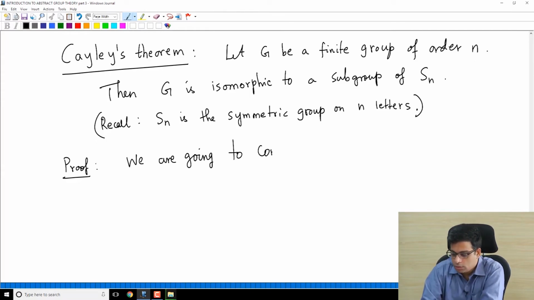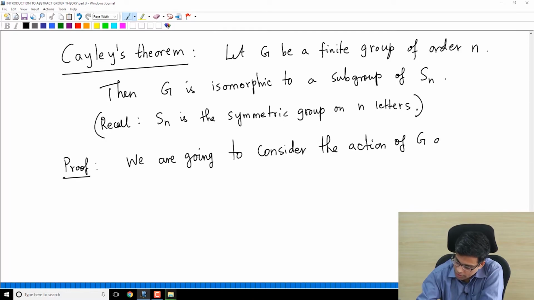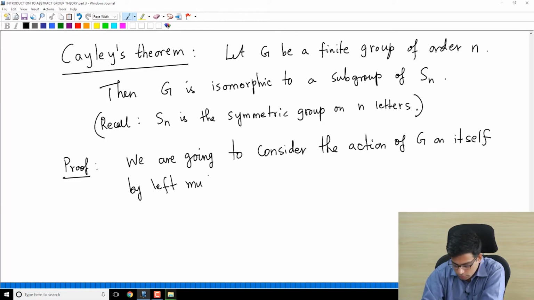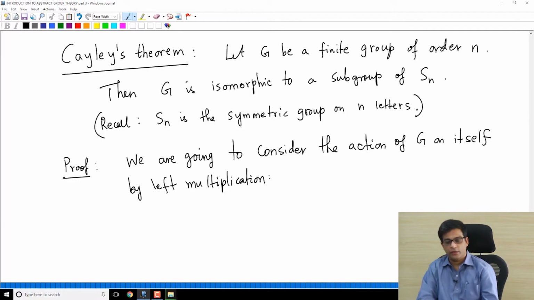consider the action of G on itself by left multiplication. Okay, so when I defined group actions on a set S, I gave you several examples.